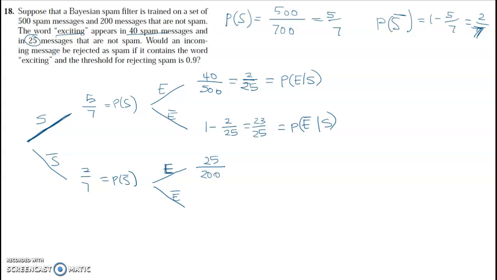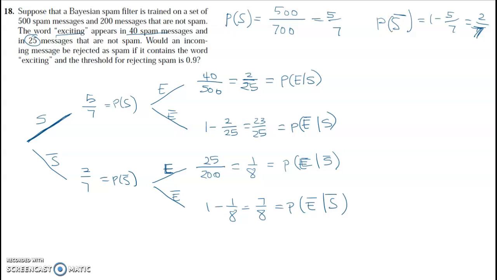So we're going to have to use that number. So this one reduces down to 1 over 8. So this is the probability of the exciting word being contained within the non-spam messages. Okay, and so this one would be 1 minus 1/8, 7 over 8. This would be P of not E given not S.